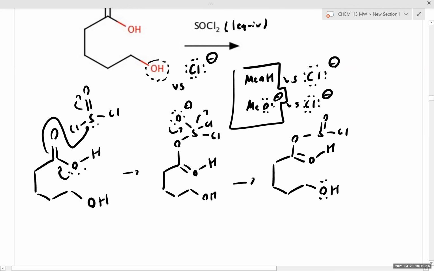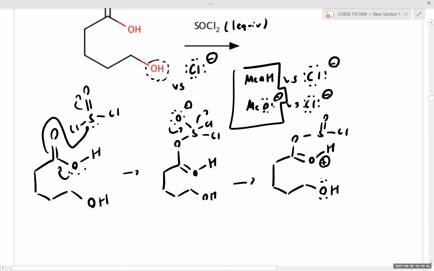Okay, now, if we had to pick a nucleophile to attack our carbonyl carbon, from our previous discussion, would we use chloride or internal alcohol? Considering as well that intramolecular reactions are substantially faster kinetically than intermolecular reactions. So what should we use as our nucleophile?